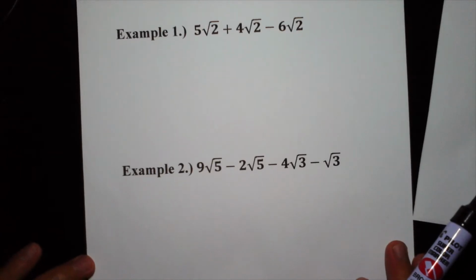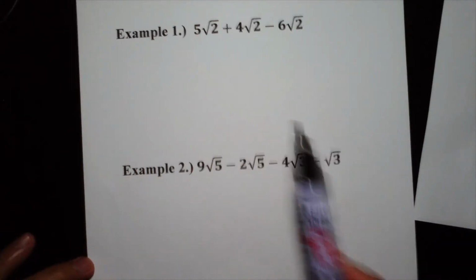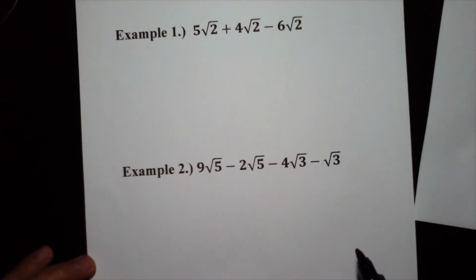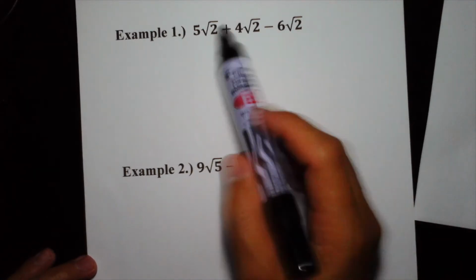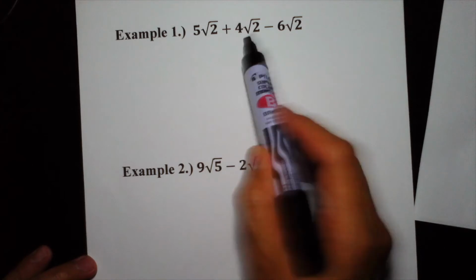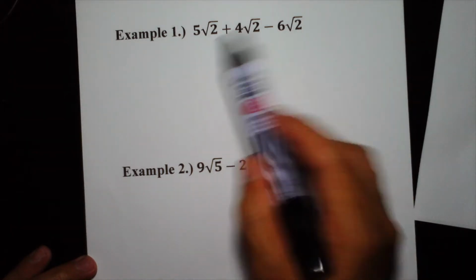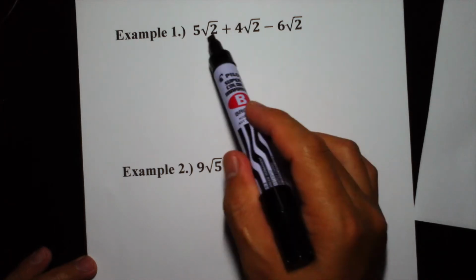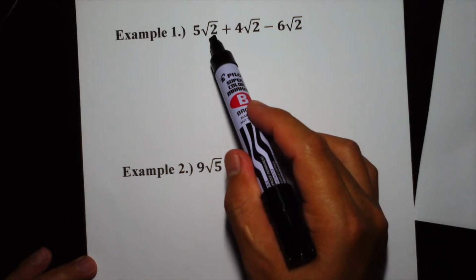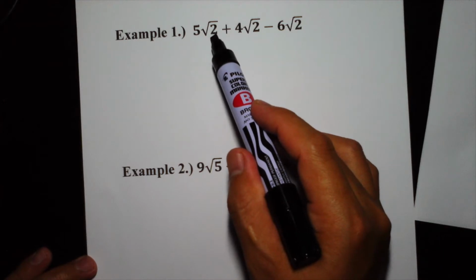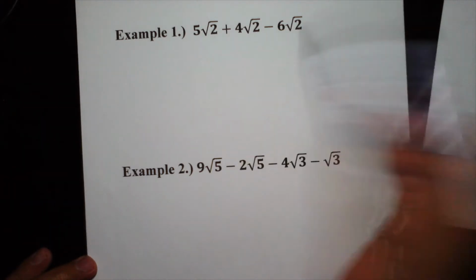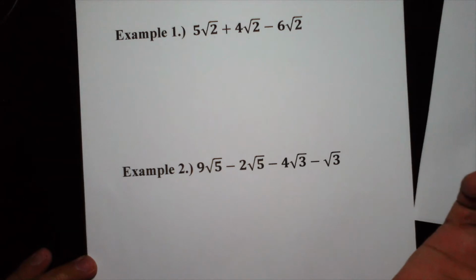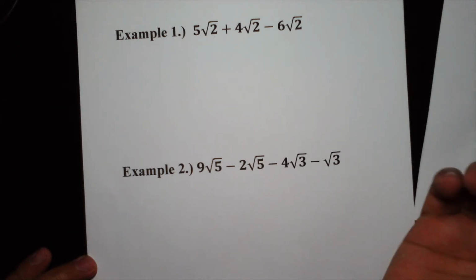We examine if it's a similar radical. They are the same in order because it is a square root, and the radicand is also similar because it is 2, 2, 2. So therefore, they are similar radicals. Then we can now proceed as the normal way of adding and subtracting numbers.